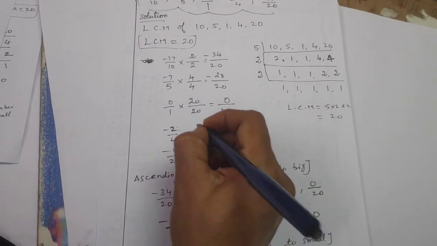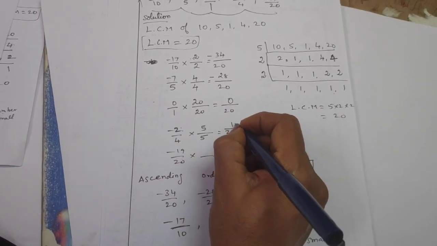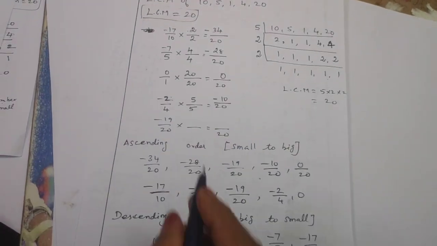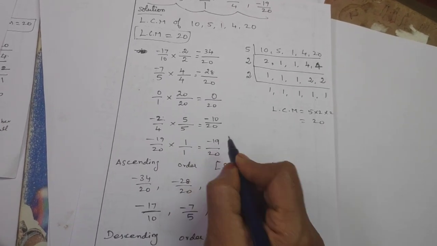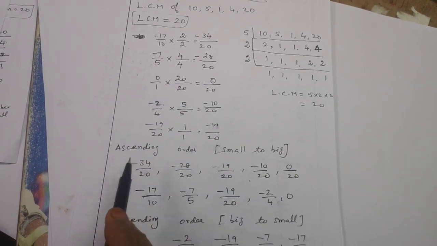Next 5 4s are 20, 2 4s are 8, plus into minus is minus. 1 20 is 20, here write 1, minus 1 19 is 19, minus 19.